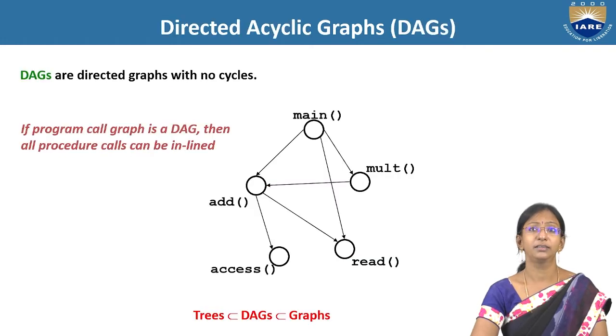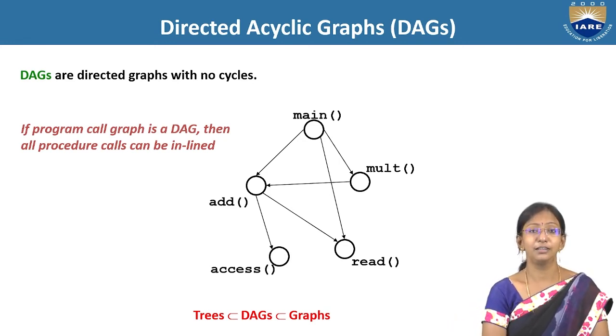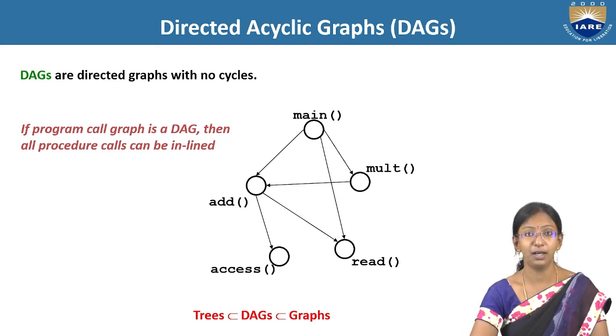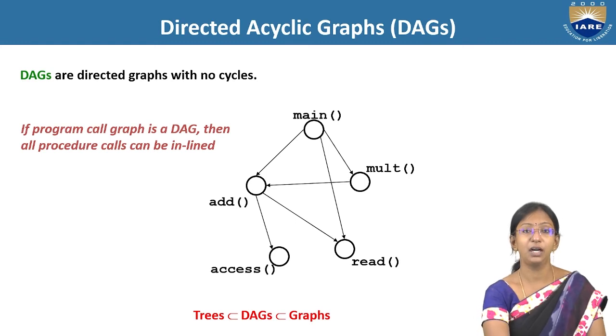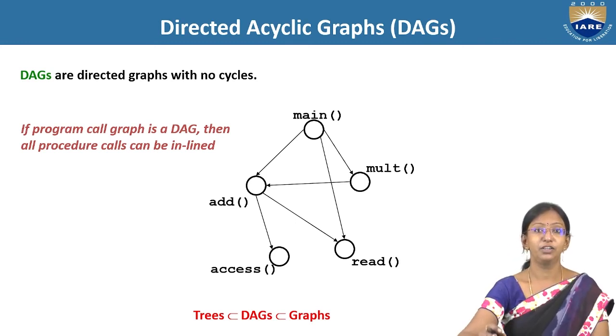Okay? Coming to DAGs, directed acyclic graphs. DAG, the word itself tells you acyclic. Directed means we are talking about directed graphs. Acyclic means zero cycles. That means if you start at a node and try to draw a path, the destination should not be the source node.